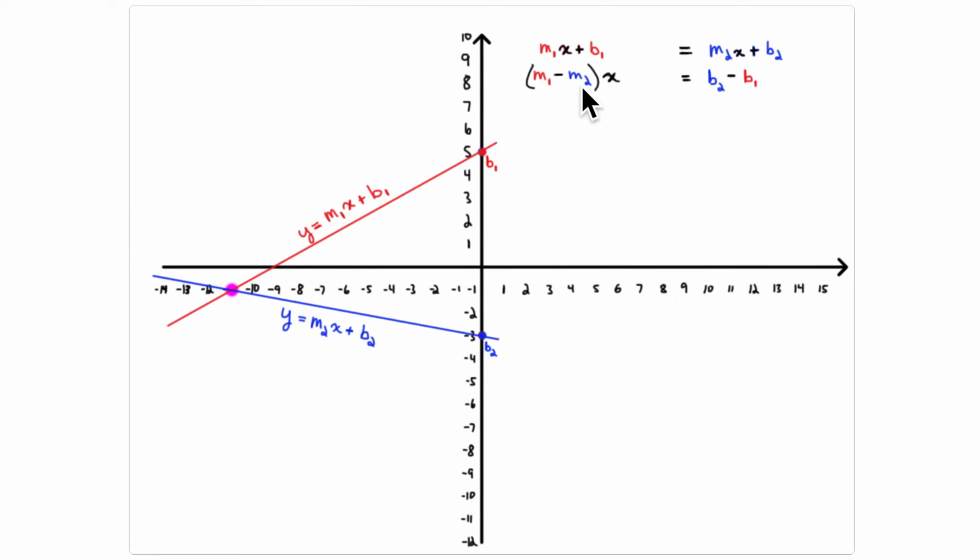So M1 minus M2, and those are x's. And then on the other side, now you're going to subtract the B1 from the B2. So this is going to become the proper sign. It's either going to be positive or negative.